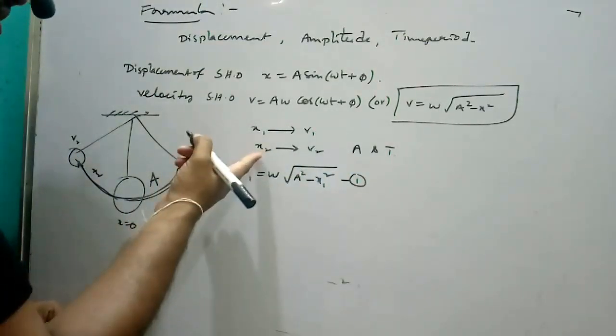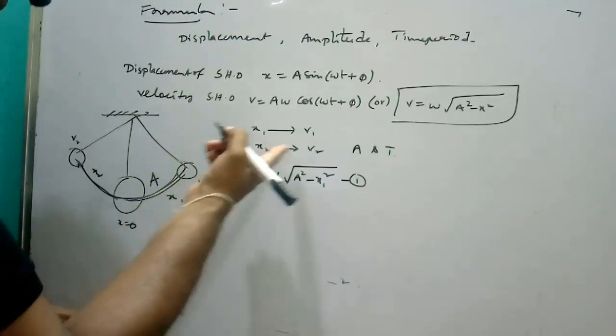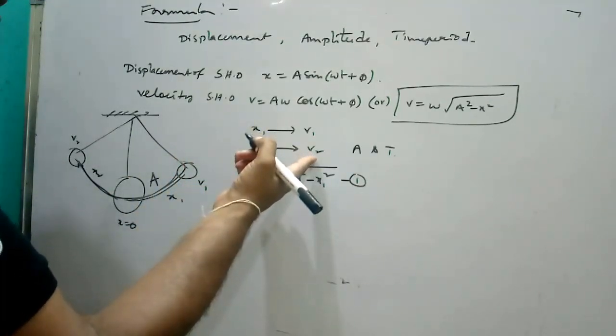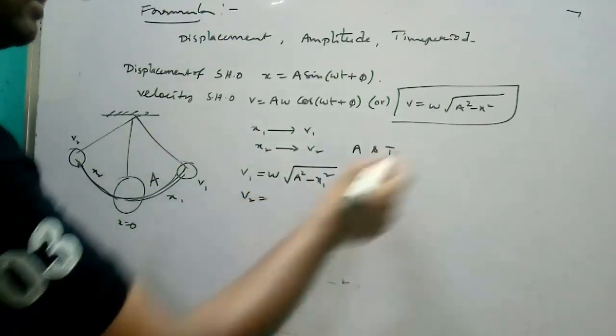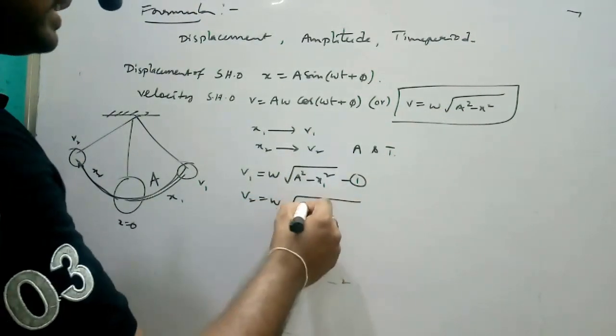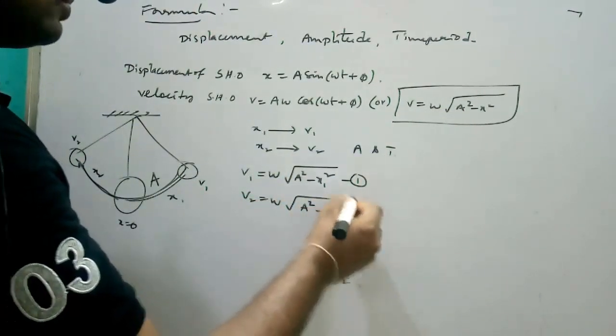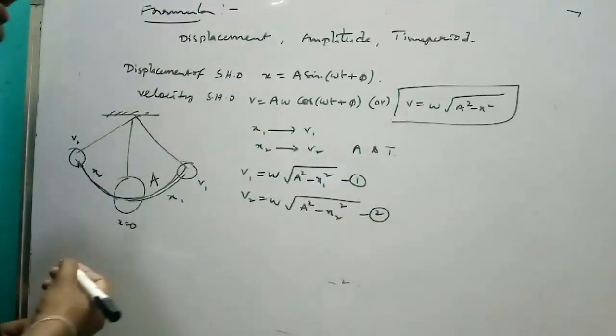Similarly, when it is displaced x2 distance, the velocity at that position is v2. So v2 equals omega into under root of a square minus x2 square. That will be equation 2.